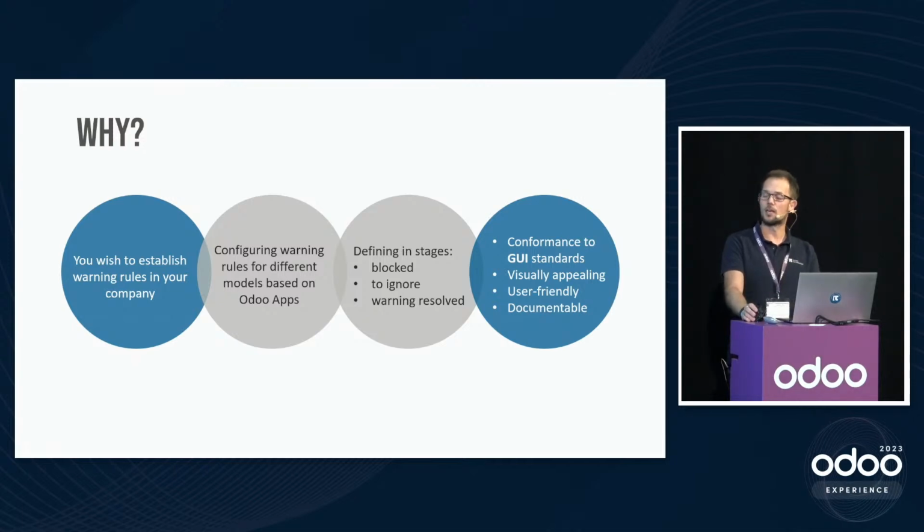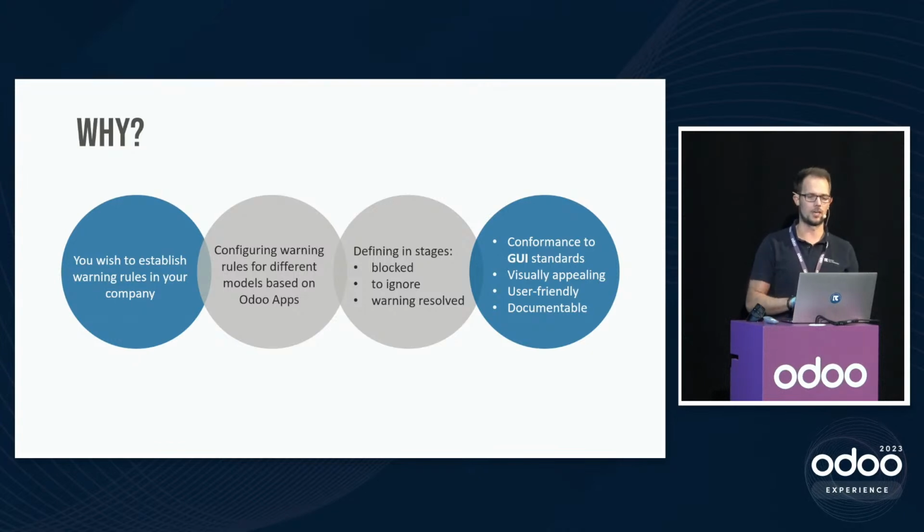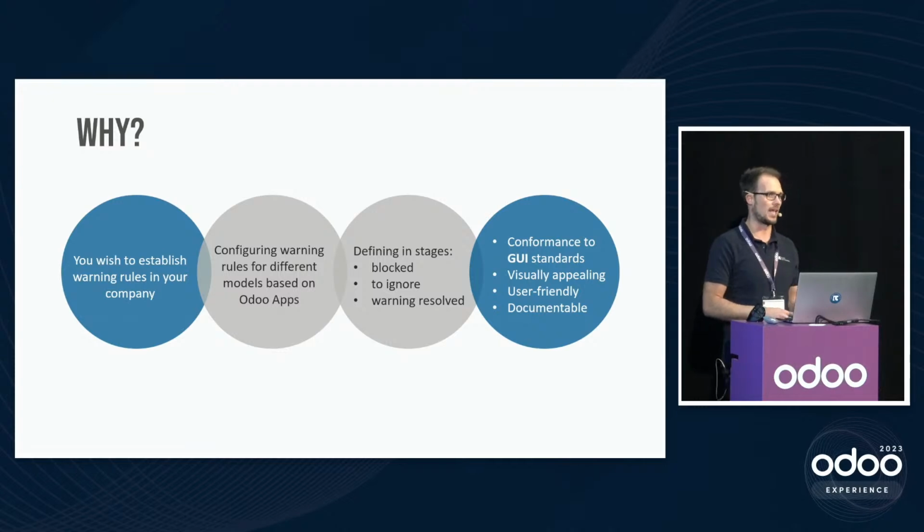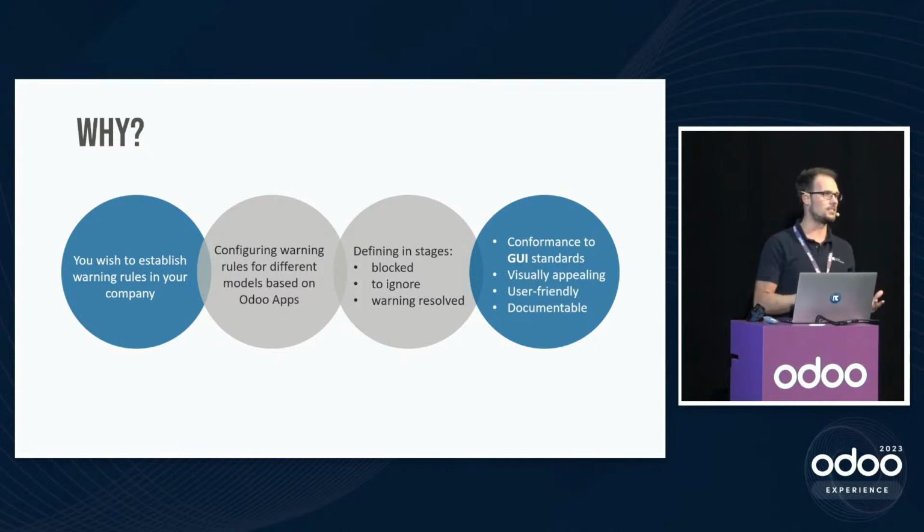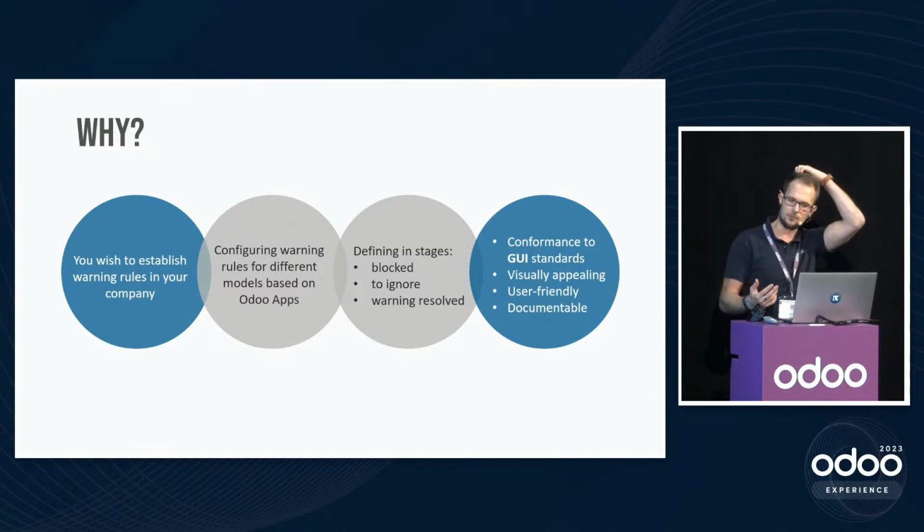Another very important part is designing warning rules in different modules. We all know Odoo, we all know that there are a lot of modules, and we also prepared our warning module for, for example, the sales module, rental, purchase, or for example, helpdesk tickets, and it's very easy for us to extend it if you ask for that.